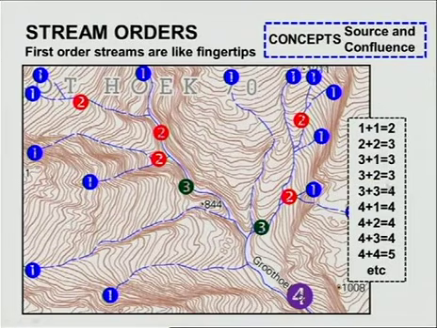It's a higher value. A 3 plus a 3, now when I've got 2 3s, it becomes a 4. Have you got that? Then a 4 plus a 1 is a 4, 4 plus a 2, 4 plus a 3, then 4 plus a 4 becomes a 5, and so forth. Okay? So remember this table that I've given to you, and it's quite easy to remember like that. So these are our stream orders.